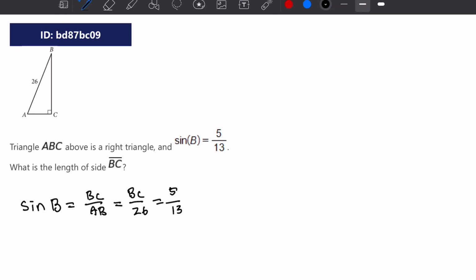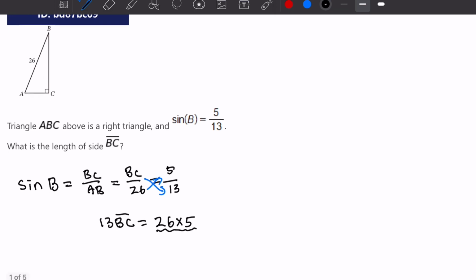We could cross multiply here, or you could just solve it, but let's cross multiply. So 13 BC is equal to 26 times 5. You could solve this part first and then divide by 13, but I'll just leave it because I know that 13 will be able to divide 26.